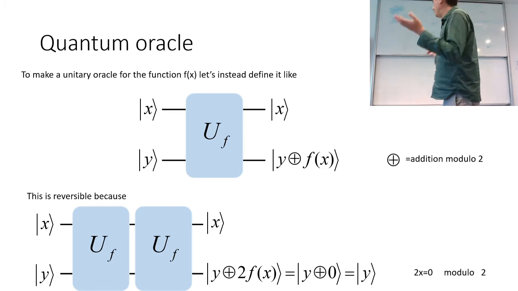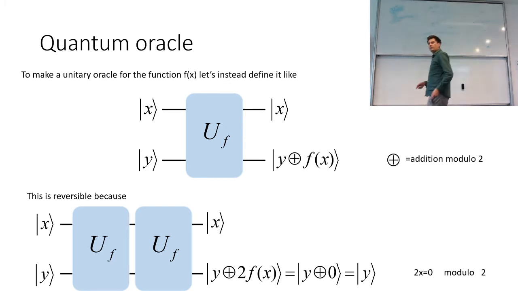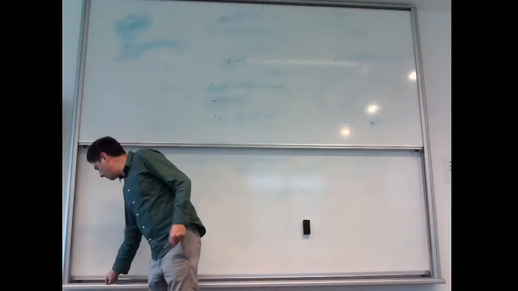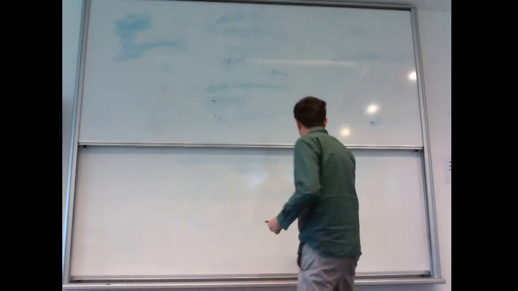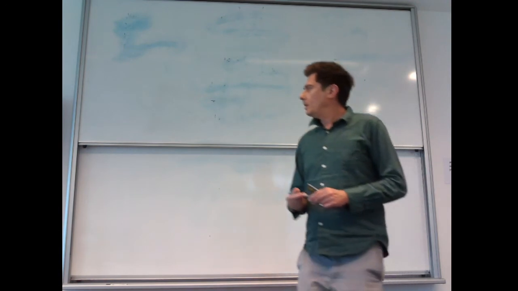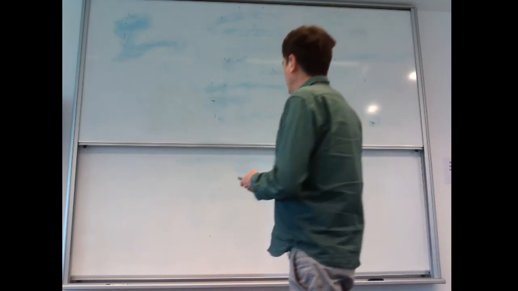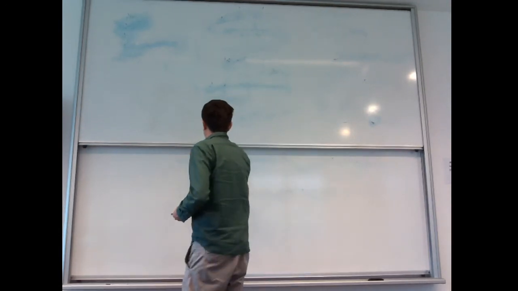Maybe we should do an example of this circuit, because this oracle thing could be a little bit confusing. So we can just do a particular example.